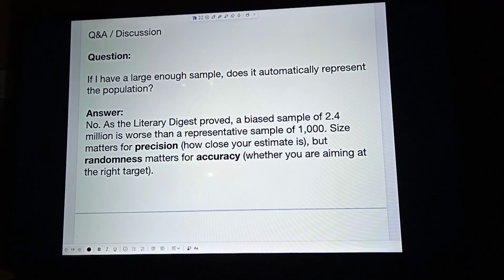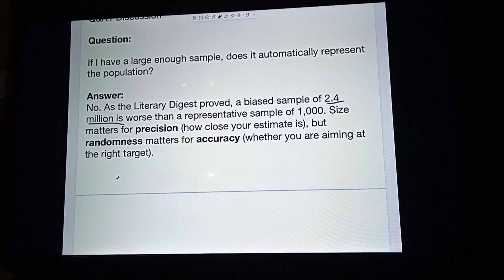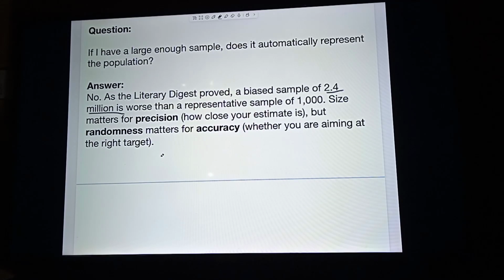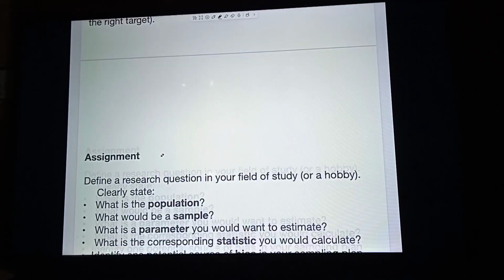In the above case, the sample was large, 2.4 million, but it still generated wrong results. So size doesn't matter; representativeness or randomness matters.